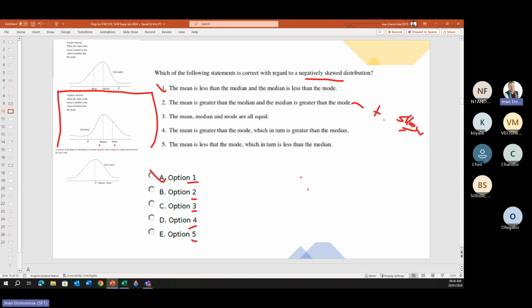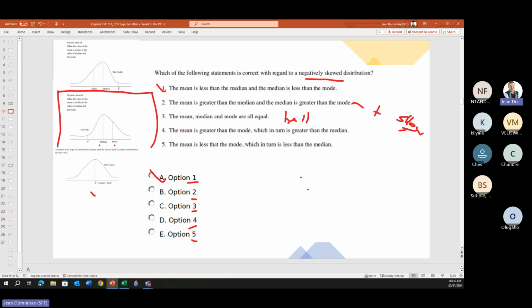And again, with the differences in papers, it might be that one of you gets negatively skewed, one of the other papers is positively skewed, and when the mean, median, and mode are all equal, we've got the bell shape. So between the three papers that are around, they might ask one of those as the correct one.